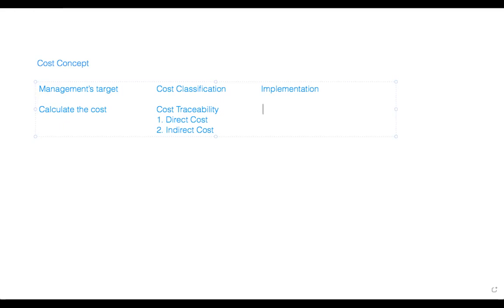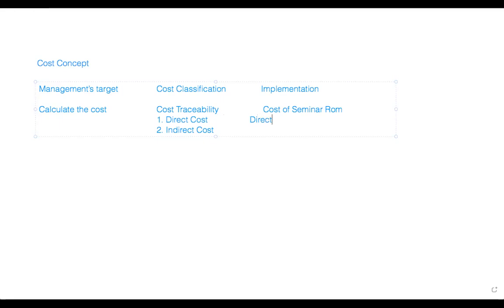So this is the cost of the seminar room. What's included in here?